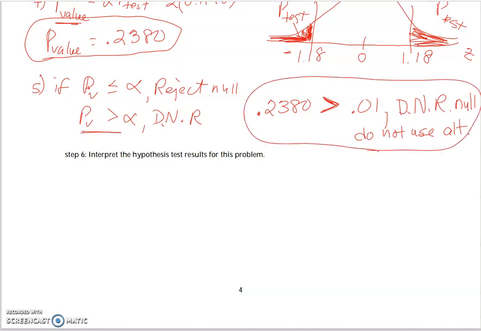So now let's go ahead and interpret that. When you do your full interpretation here, you always start out with the significance level.